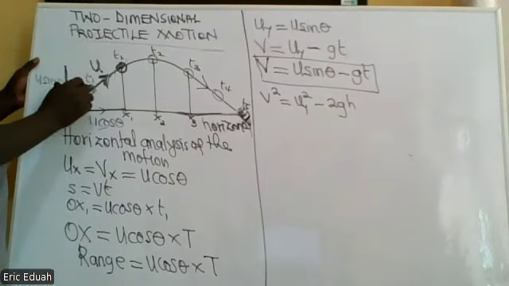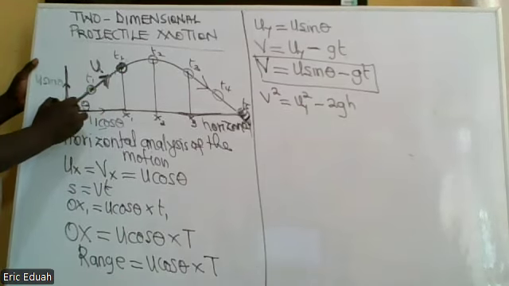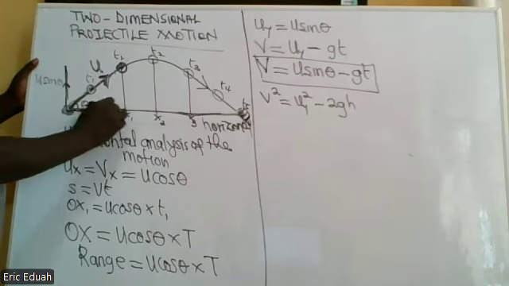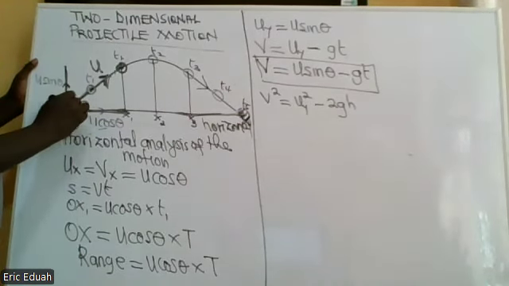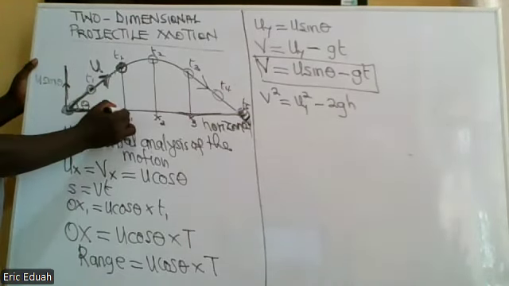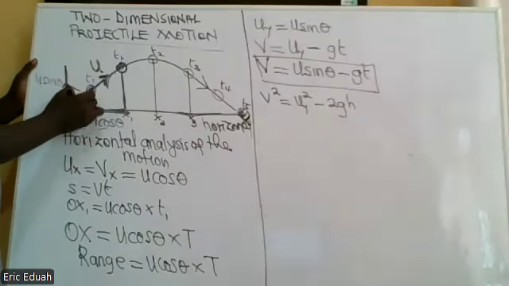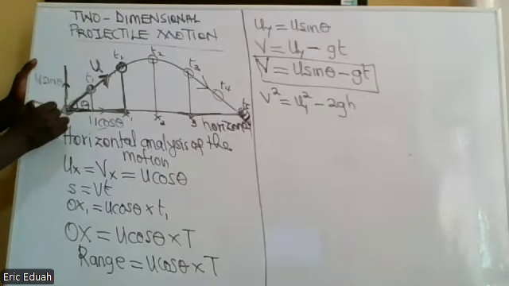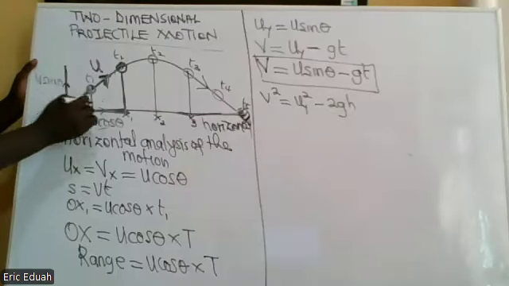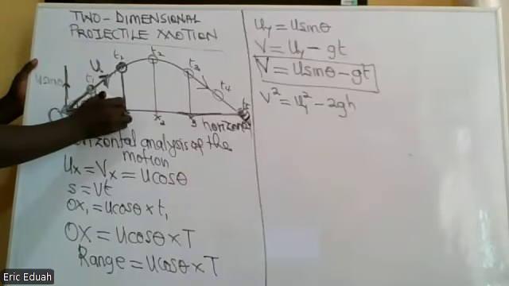Now, as the object moves on, it is displaced horizontally and it is also displaced vertically. So when it gets to this point, this is its vertical displacement from its original position O, H1.